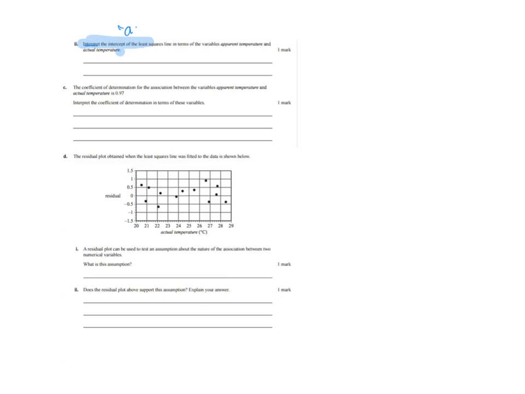Okay, I've gone and looked up my notes, and I've found the line for interpret the A. So the regression line intercept predicts the RV, which was apparent temperature, to be the A value, which is -1.7, when the EV, which was the actual temperature, is 0 degrees Celsius.